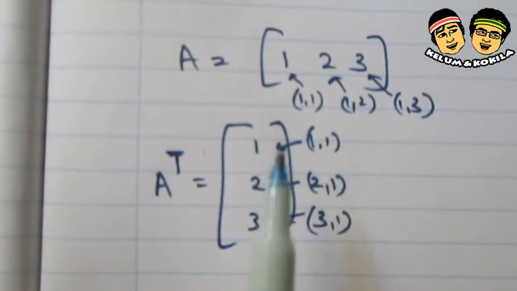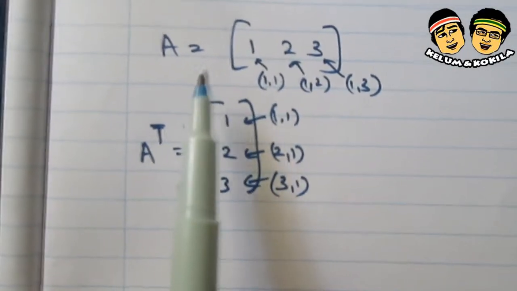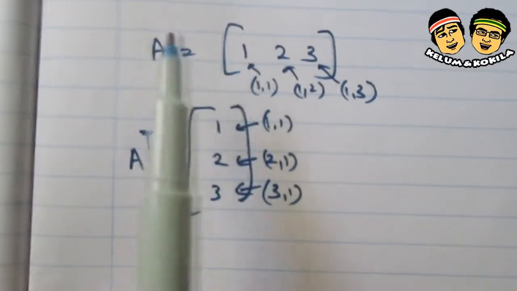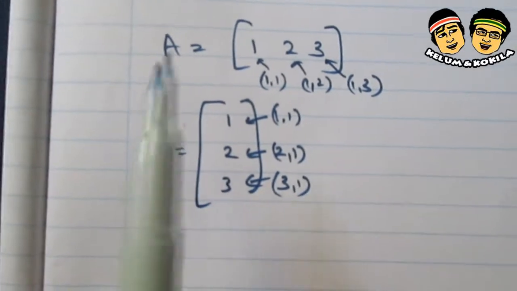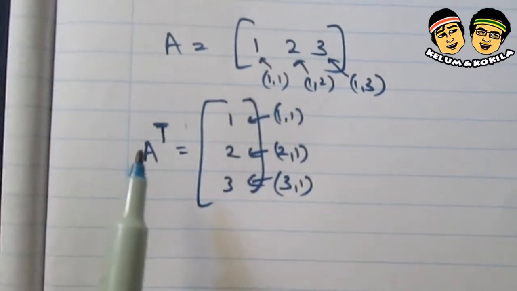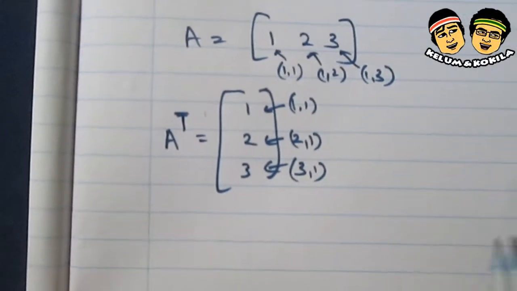So in the transpose of a matrix, the number of rows in the actual matrix will be the number of columns in the transpose, and the number of columns in the actual matrix will be the number of rows in the transpose of the matrix.